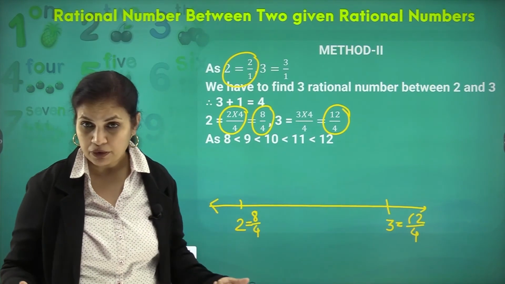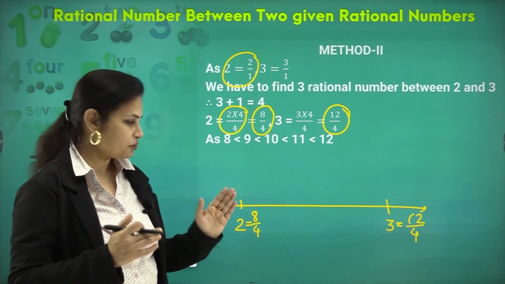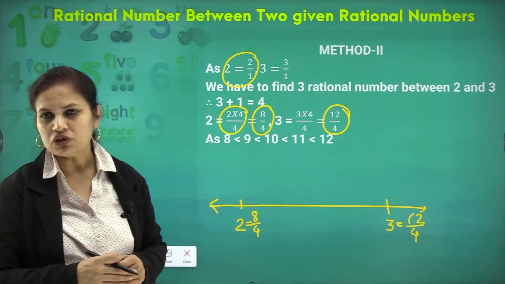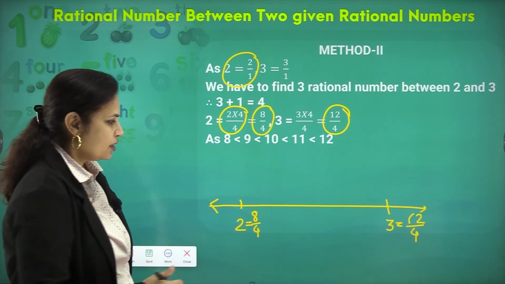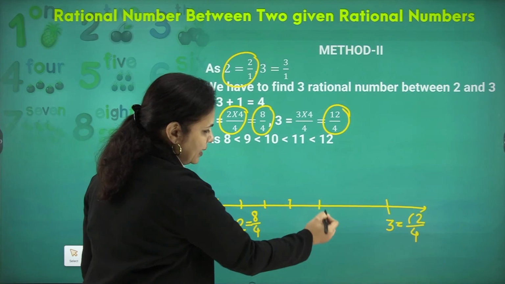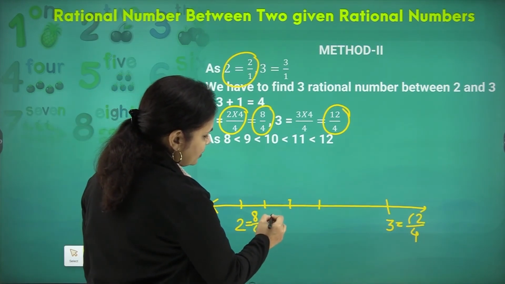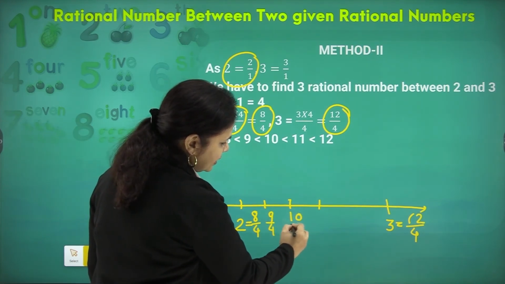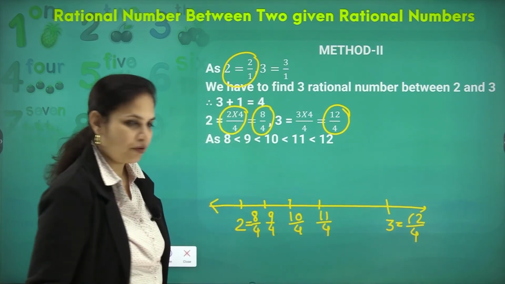Let's think that way, that we do not have to insert numbers between 2 and 3. We have to insert them between 8 upon 4 and 12 upon 4. Now, focus on the numerators 8 and 12. Between 8 and 12, I have to mark all the numbers on this number line. So, after 8, I will have 9 upon 4, then 10 upon 4, then 11 upon 4.